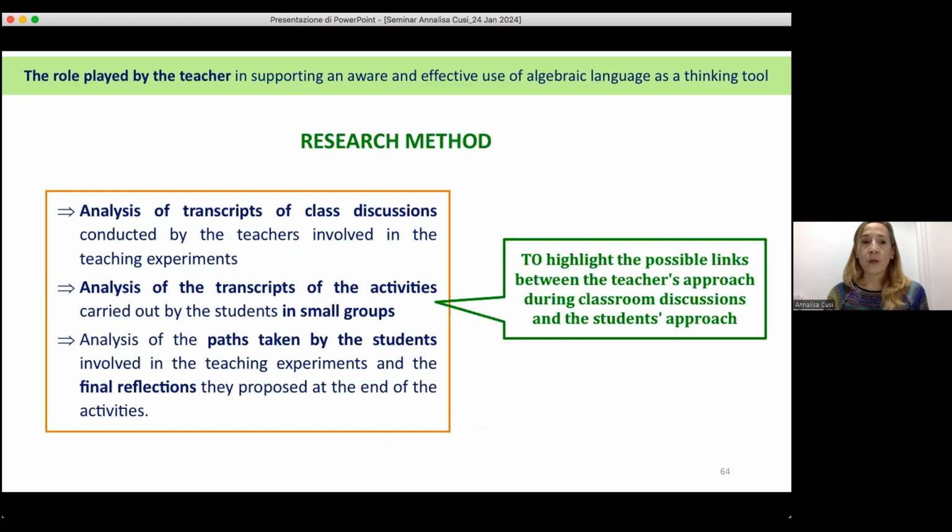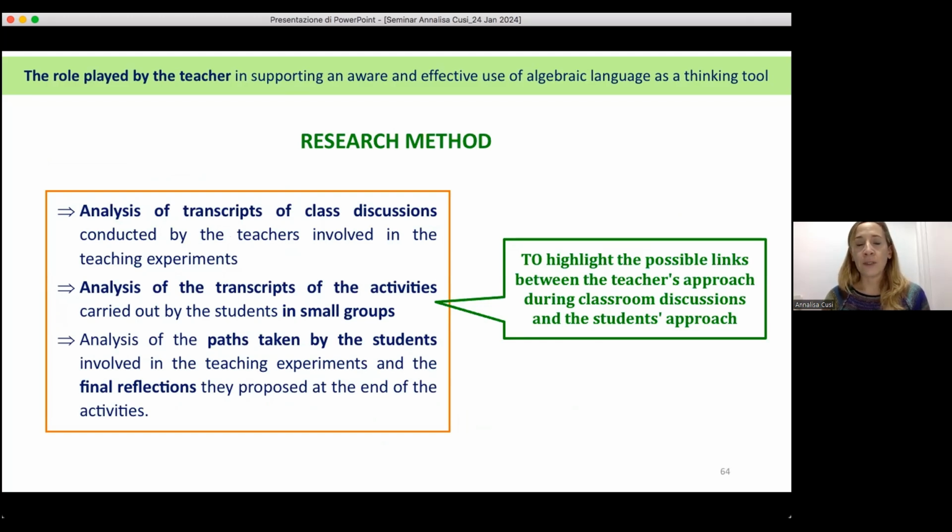As I said before, we audio recorded the discussions developed by students in small groups, but I also audio recorded the classroom discussions carried out by the teachers involved in the teaching experiments.